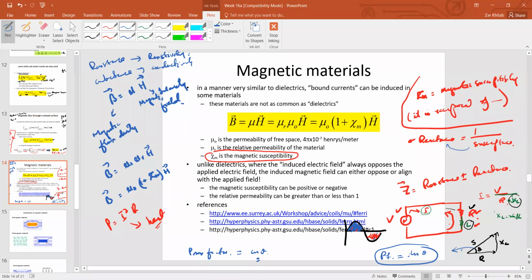With susceptance, we have the susceptibility terms, but we define these susceptibility terms for magnetic fields, the magnetic susceptibility. And it's really modeling this mu r.